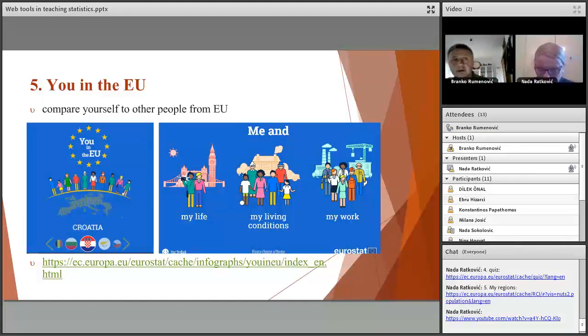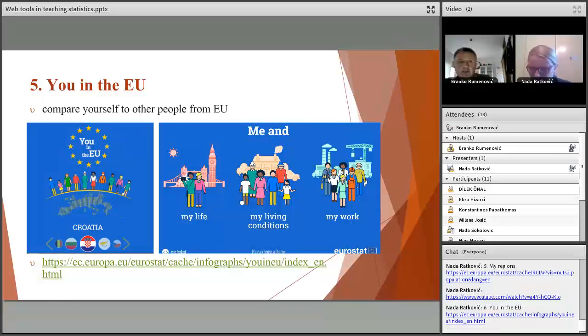The next web tool is to compare yourself to other people from the EU. It is not only for young people, it is for all people. At the beginning, you must choose a country and year, and after that you can compare data about life, living conditions, and work with data of people from other countries of the EU.